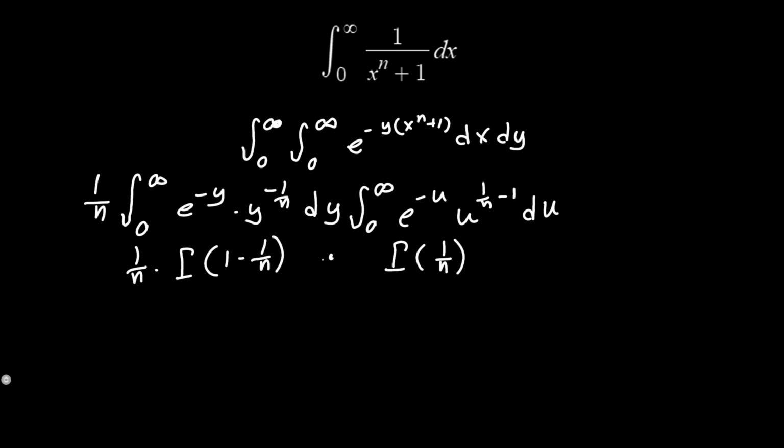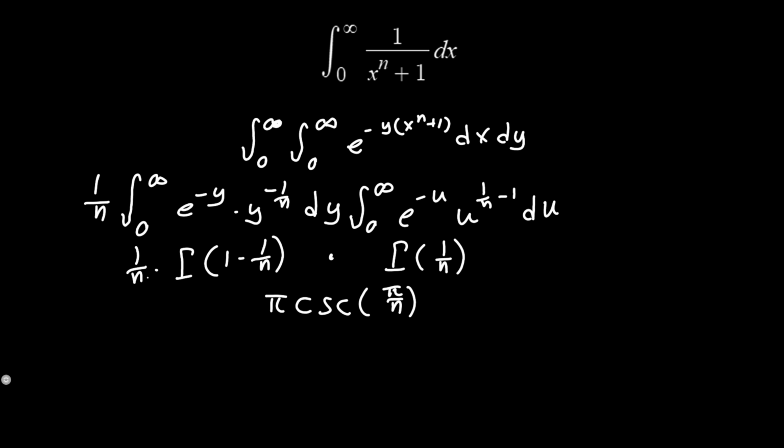So all these three are now just in terms of n. And we're going to use Euler's reflection formula for this and this, because they're both multiplied, which will give us pi times cosecant of pi over n.